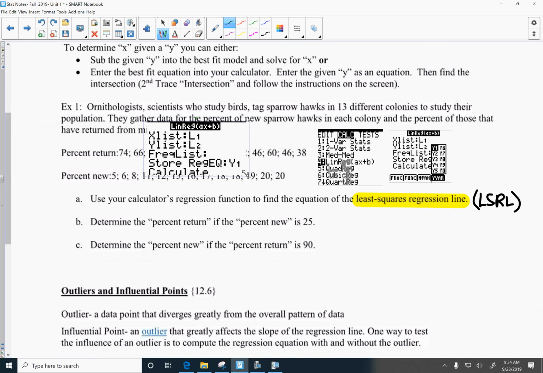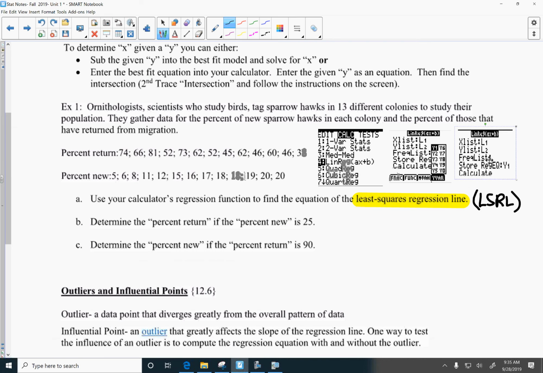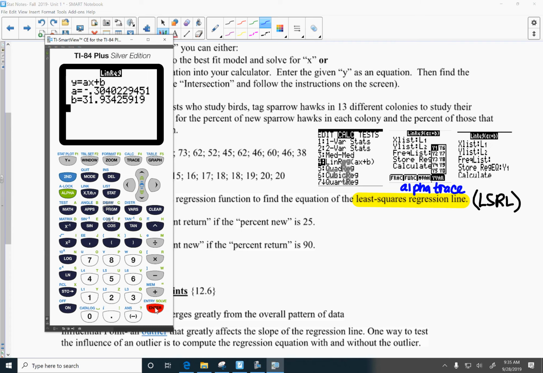Then you go to calculate and hit enter, and it'll give us the least squares regression line.